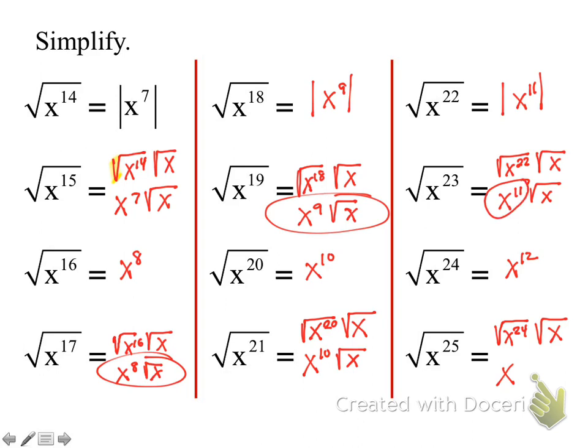X to the 11th times x to the 11th. X to the 10th times x to the 10th equals x to the 20th. X to the 9th times x to the 9th equals x to the 18th. So it's x to the 12th, and then what's left? Rad x. We say radical x.